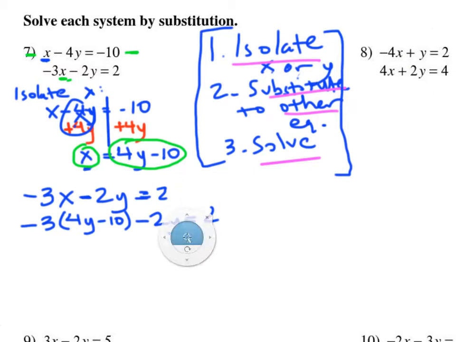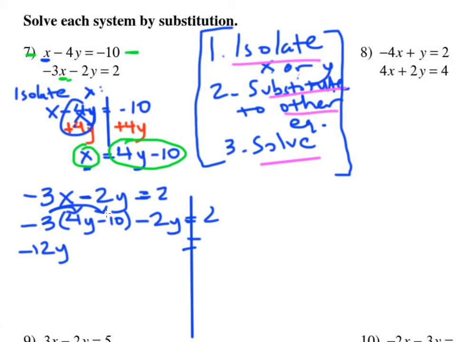So let's distribute here and here. Negative times a positive, that's a negative 12y.